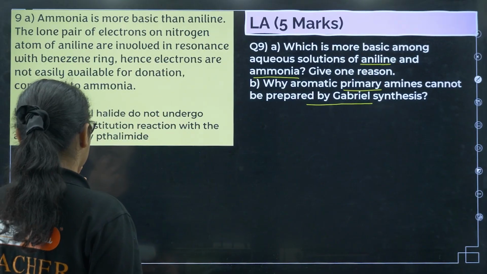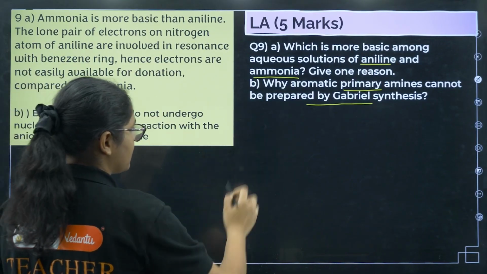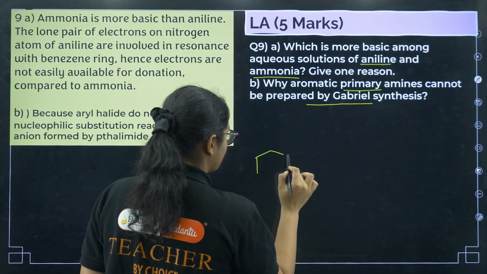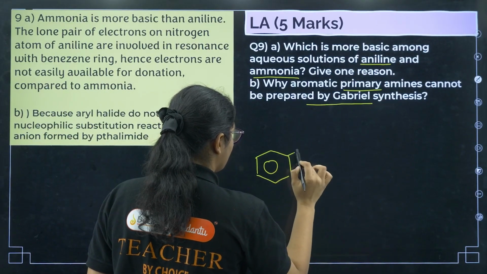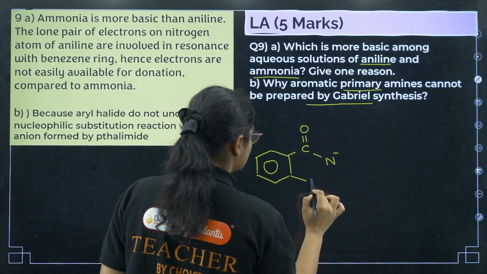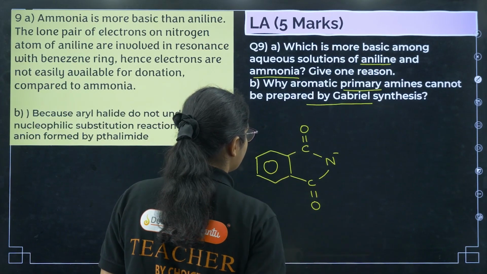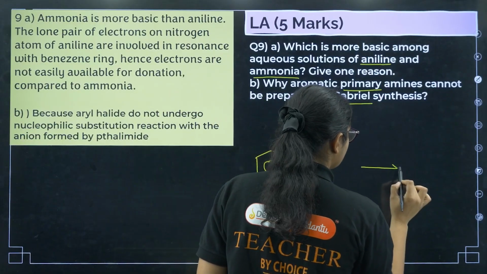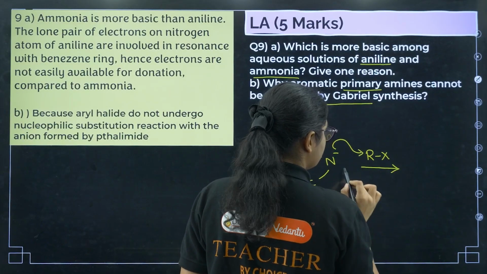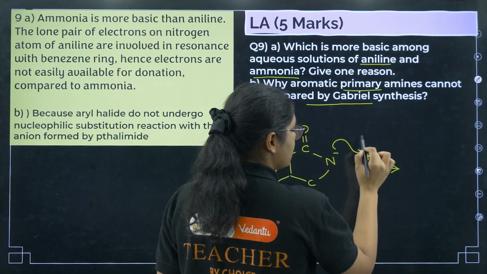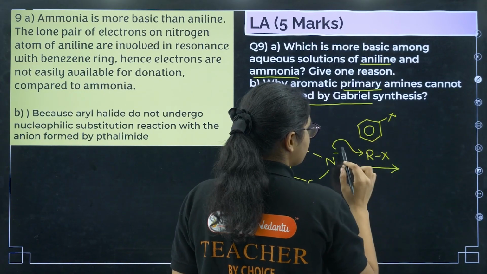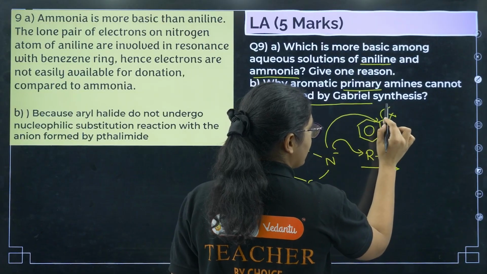Next, if you remember the Gabriel phthalimide synthesis, there is one step like this, where we have this anion. Then you have RX, this one attacks on it and we get N-R here. But if this is a benzene ring, then it cannot attack and X cannot go out.